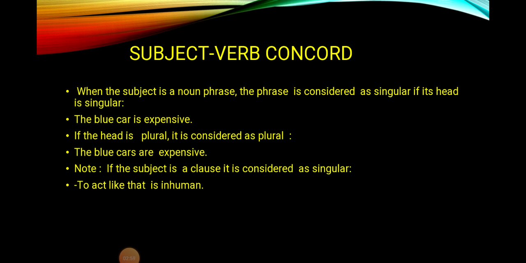On the contrary, the blue cars are expensive. Here also we have a noun phrase as a subject, having the word cars as the head of this noun phrase, and that's why we deal with it as a plural and give it the verb are, which is suitable for a plural subject.